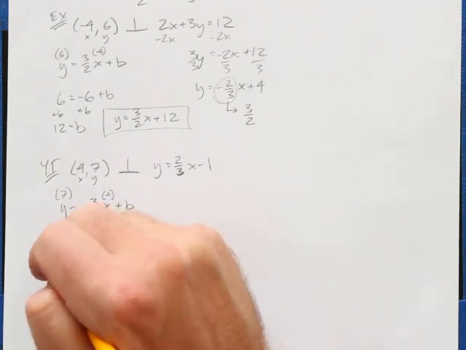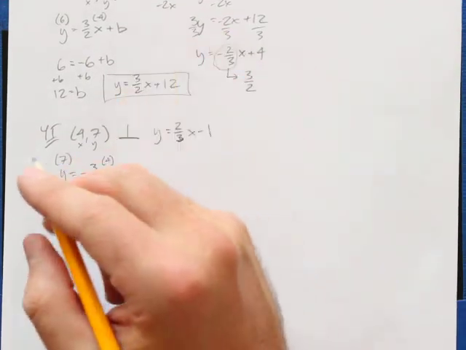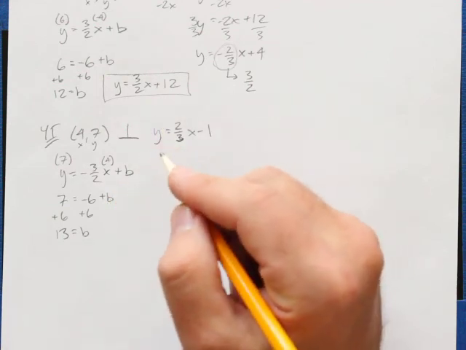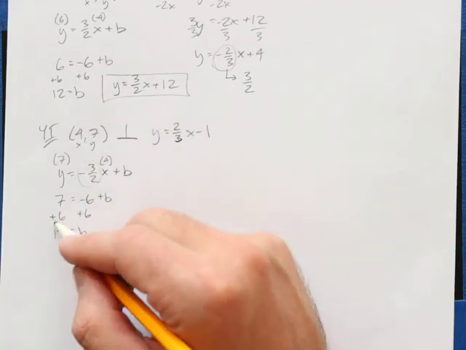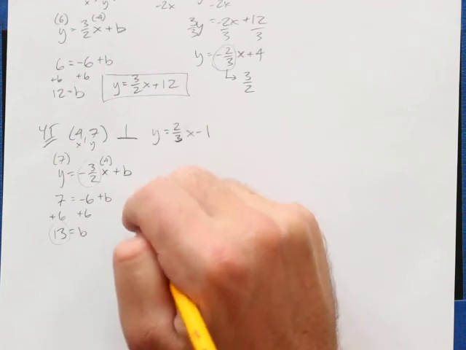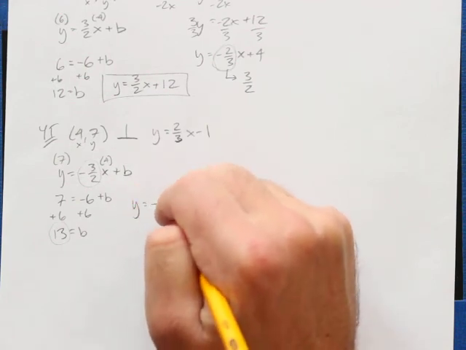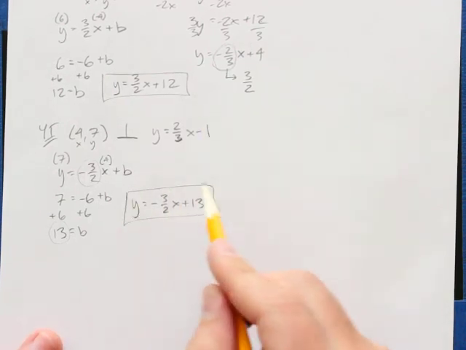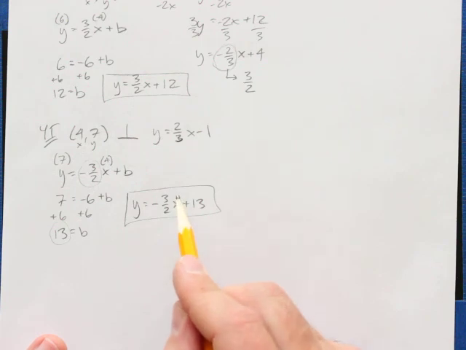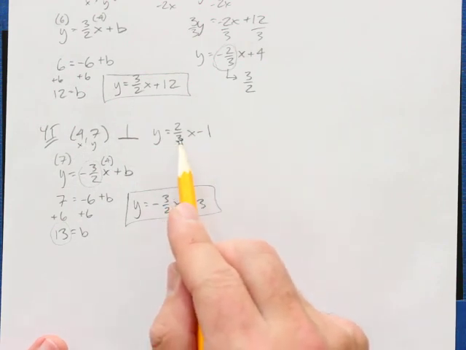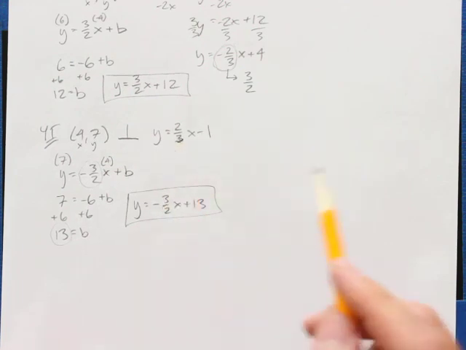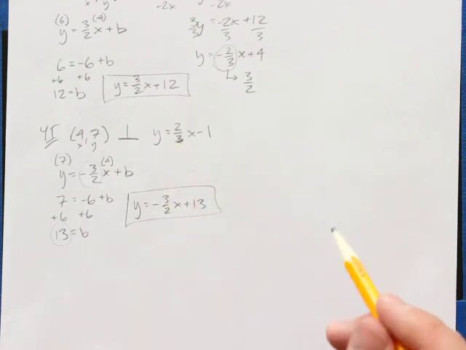Going to add 6 to both sides. Feels like we've already done this problem, huh? 13 equals b. So now I just need to rewrite my equation with my slope and my y-intercept. y equals -3/2 x plus 13. This line is perpendicular to this line because I have opposite and reciprocal slopes. And that is the end of 4-4.